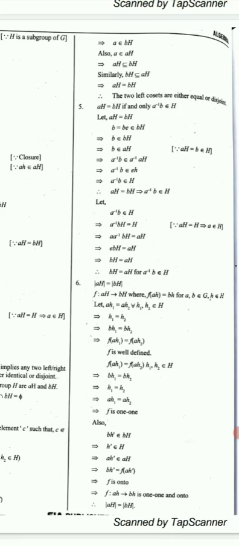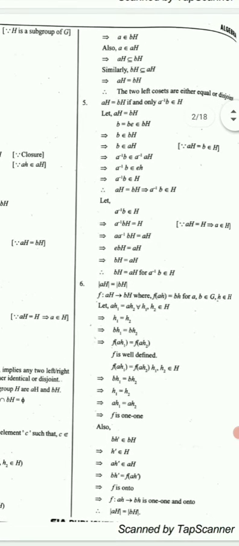Now I am multiplying a inverse on both sides. So a inverse into b belongs to a inverse into ah. Now a inverse into a means e into h. That implies a inverse b belongs to h. Therefore if ah equal to bh, then we get a inverse b belongs to h.